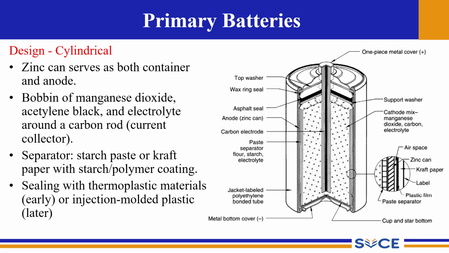Although they are inexpensive, these seals were often found to be less reliable, especially at elevated temperature or under excessive gas generation. Later, the zinc chloride cells adopted injection molded plastic seals. You can see in this picture also you have the plastic seals.